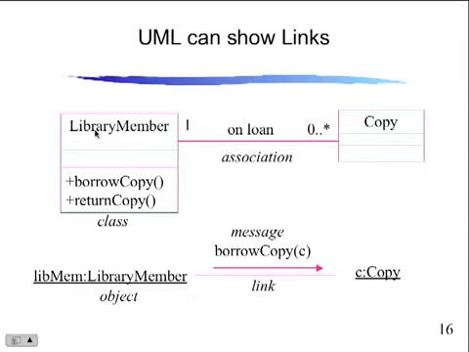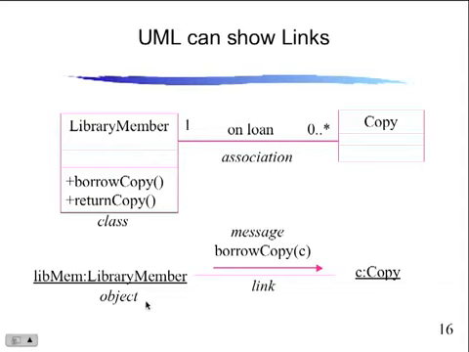So the library member is working with this copy of this book that's on loan, showing you the relationship or the association between the copy of the book and the library member. Now, the copy of the book might have a relationship with the person who borrowed it, but they have an association with the library member.